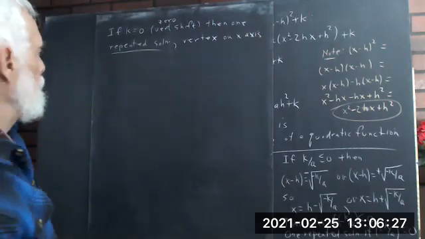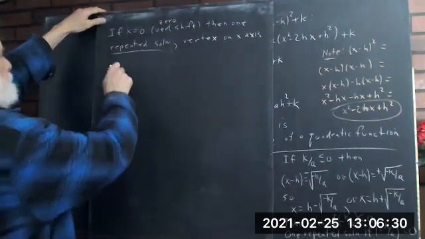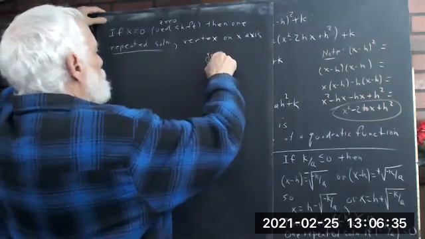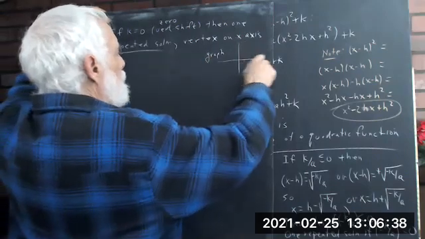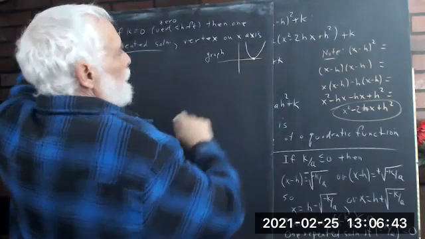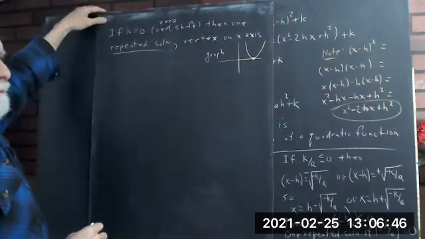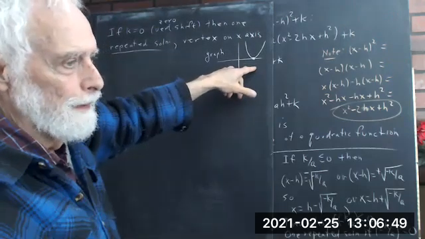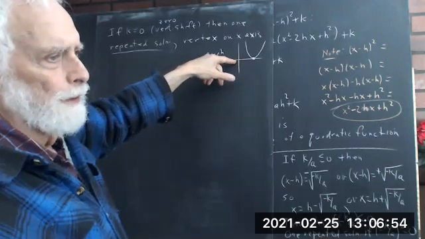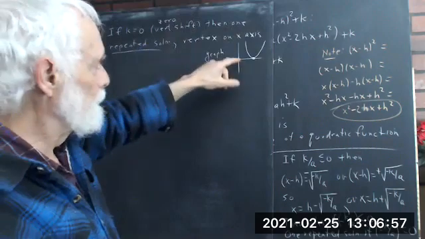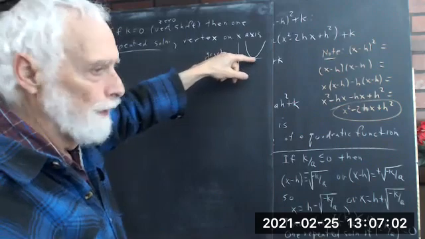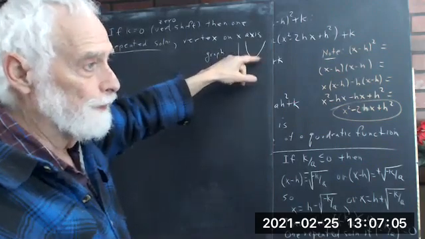The vertex is on the x-axis. The graph is going to look like this. Because there's no vertical shift, well, the x squared function started off on the x-axis. If your only transformations are vertical stretches, which don't change the coordinates of the origin, or horizontal shifts, which just move the origin along the x-axis, that's what you have.